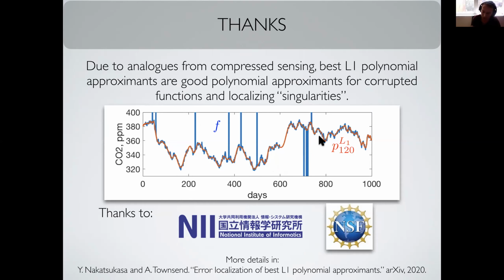And there are perhaps modern applications of this with signals and corruption. If you want to find out more information, there's a paper that is almost accepted in SIAM that proves all the theorems and demonstrates this. So thank you very much for listening.